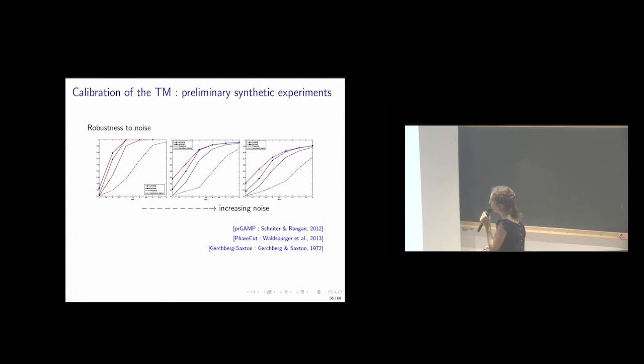The number of observations is increasing. Here you have the noiseless case. At the beginning you don't have any observations, so you didn't manage to reconstruct anything, and at the end it is better. Here you have the noiseless case, and further on an increase in noise. I don't remember the variance of my noise, I'm sorry, but you can find it in some papers.